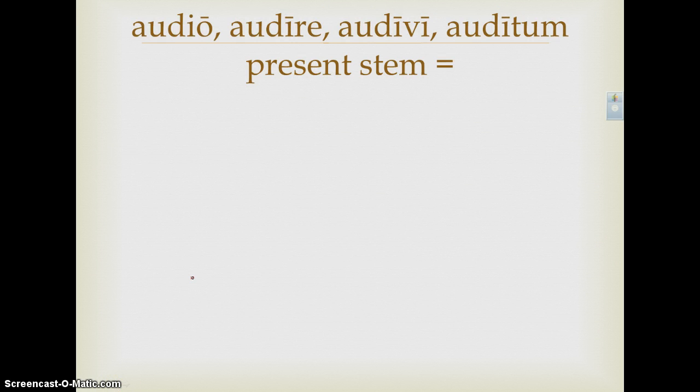Okay, so how are we going to conjugate an actual example of a fourth conjugation? Well, we have audio, audire, audivi, auditum. What's the present stem going to be? Yeah, it's going to be AUD. And it's onto AUD that we're going to add the vowels and then the endings.